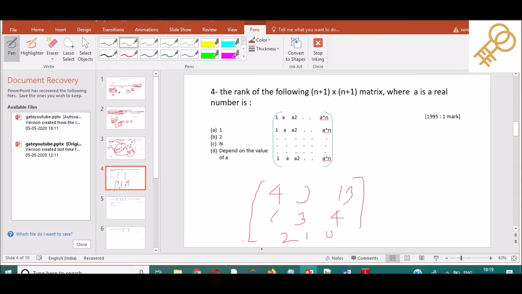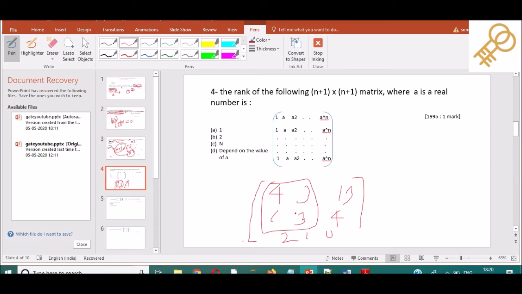First, you have to check the minimum order matrix, so the minimum order matrix will be 2 cross 2. We will go from lower to higher. First I'll check 2 cross 2, then 3 cross 3, then 4 cross 4 if it is possible, then 5 cross 5 if it is there. Here this is one possible matrix of 2 cross 2.